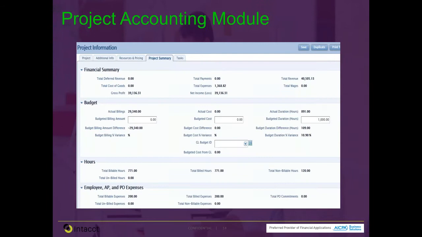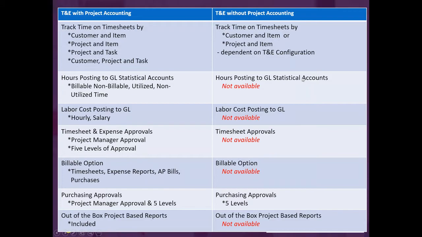All right. Once you begin to accumulate information in the project module, it will display in real time. What we're looking at here is a roll-up of the financial information based on expenses. It shows us our revenue and a calculation on our gross profit.